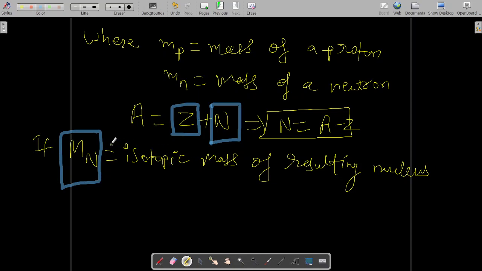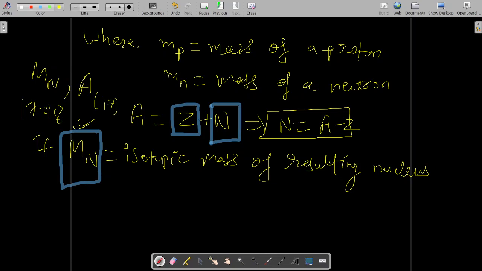And I had told you one thing very well, that this capital Mn, this one in the blue box over here, and this atomic mass number A, in most of the cases, suppose 17.018 is the Mn value, then the A value will be 17.